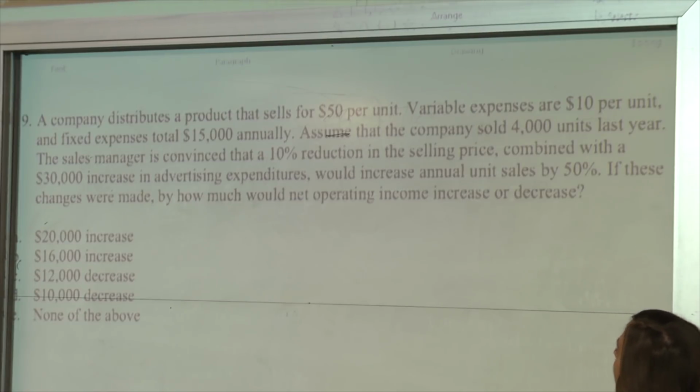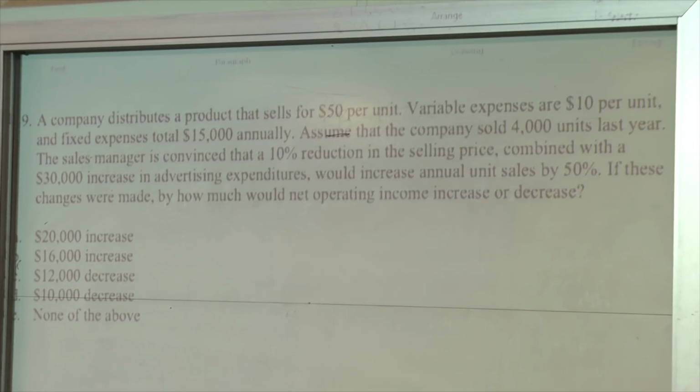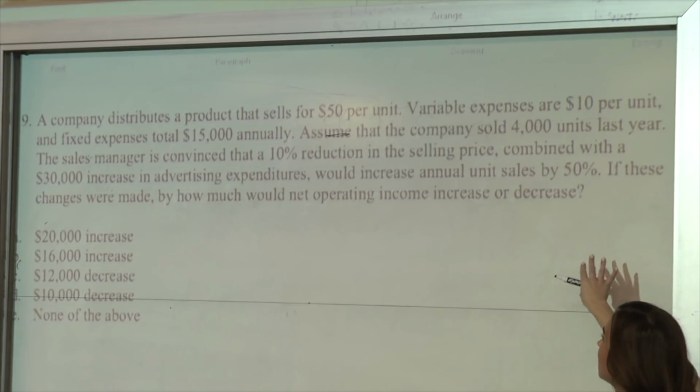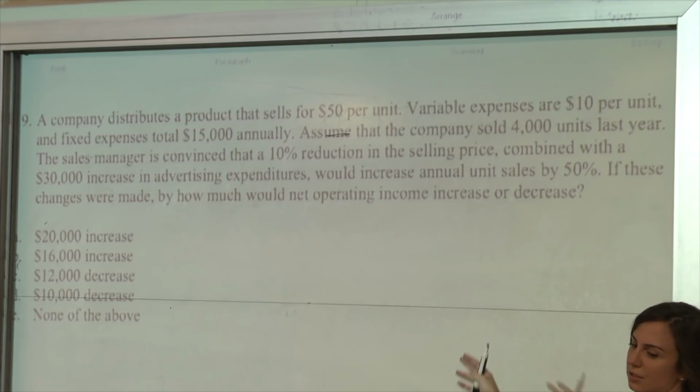So the sales manager thinks that if we reduce the selling price by 10% and we increase advertising expenditures by 30,000, then we can increase unit sales by 50%. So if these changes are made, how much would our net operating income, or NOI, increase or decrease?